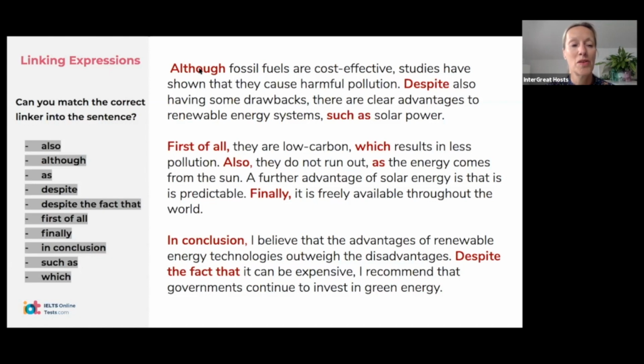Not furthermore, furthermore is adding, okay. Despite, as we said, in spite of, okay. Instead of such as, what could you say? For example, yeah, that's right. Okay, and then first of all, what could you say? Firstly, yeah.